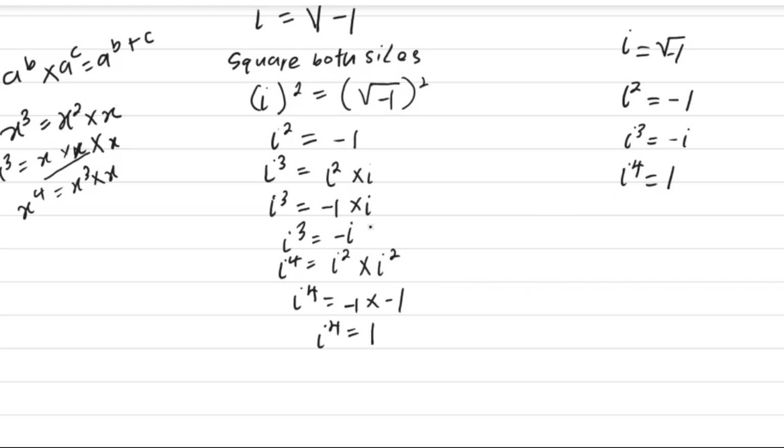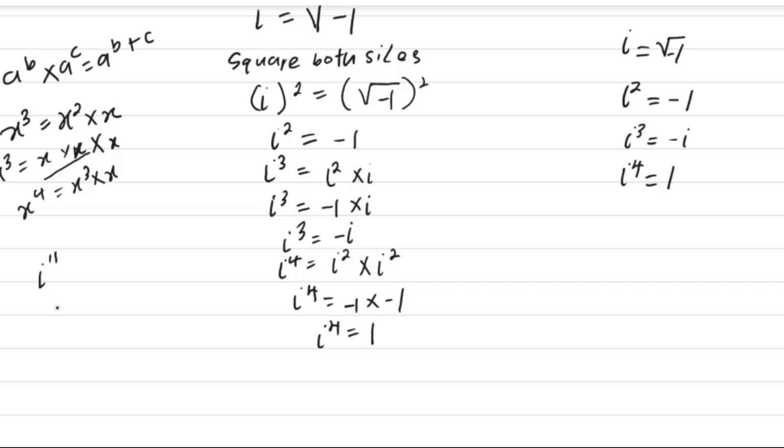So basically, what we're going to be doing here is relating any number that you have to the initial powers of i that we have. For example, let's say we are looking for an expression for i raised to power 11.